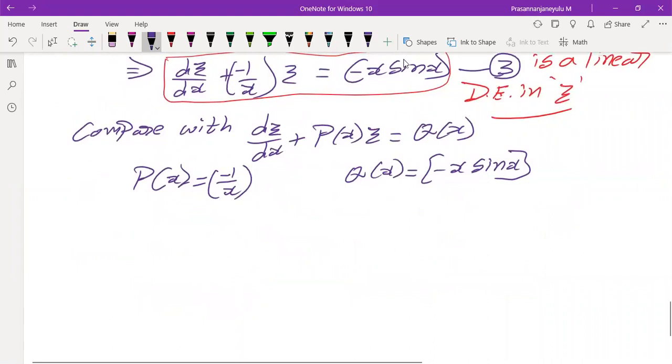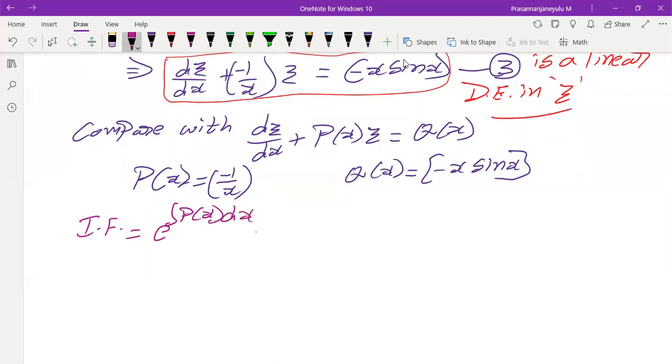How to find the general solution of equation number 3? First we need to find the integrating factor. What is the integrating factor formula? E power integral p of x into dx. Again, I am repeating the problem of a linear differential equation. So p of x is minus 1 by x.